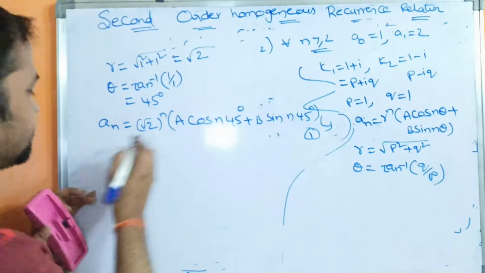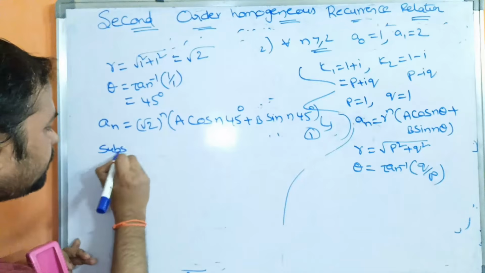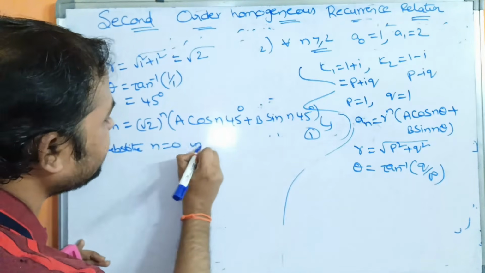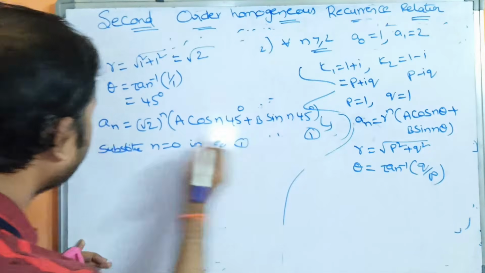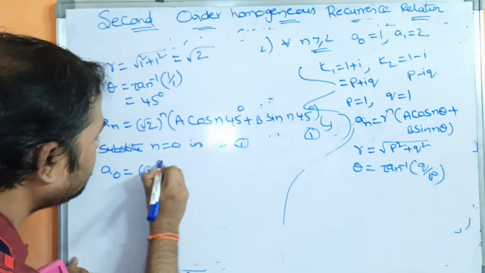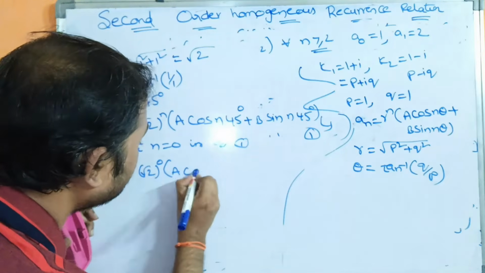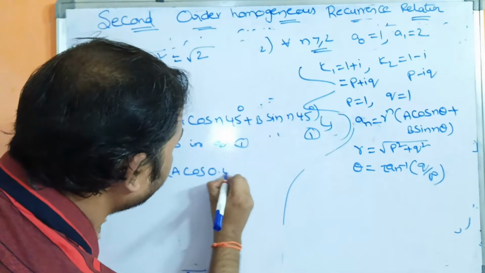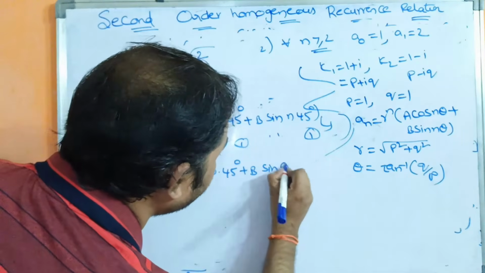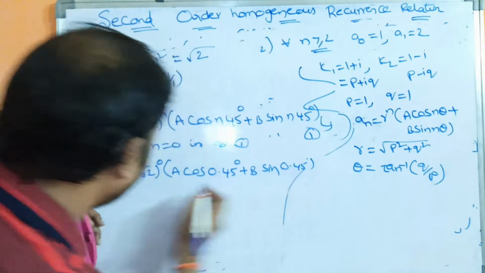Substitute n is equal to 0 in equation 1. Now a_0 is equal to root 2 power 0 into A cos 0 into 45 degrees plus B sin 0 into 45 degrees.